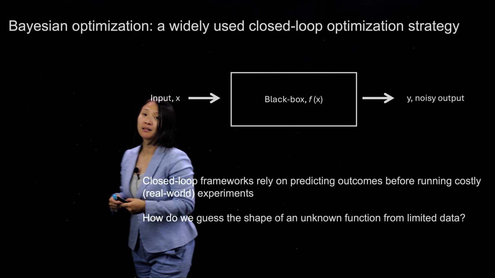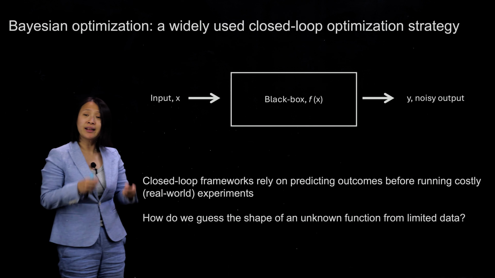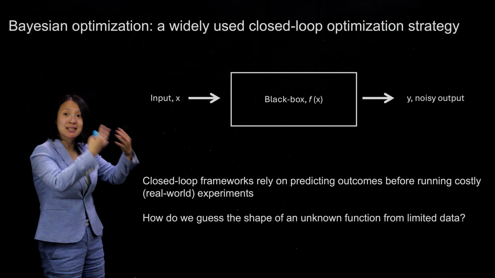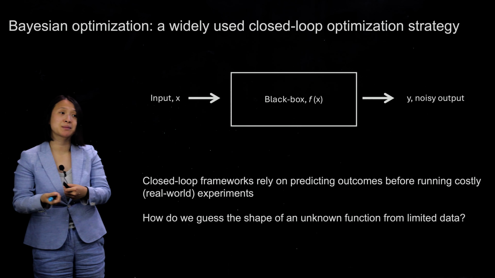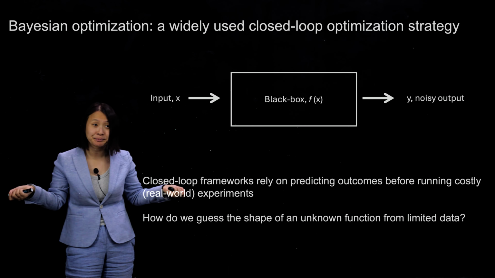So the idea of building a closed-loop optimization framework is that it relies on making predictions. So we predict the outcome of the experiment before running a lot of costly real-world experiments.